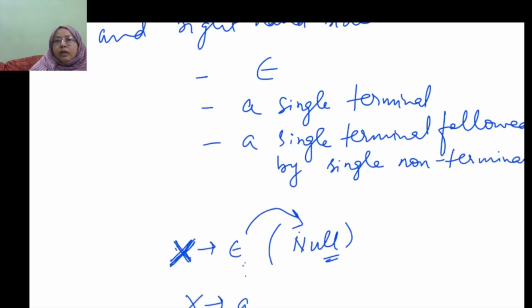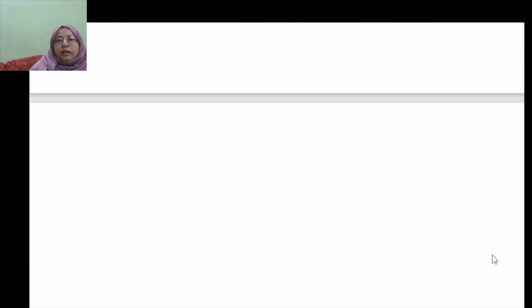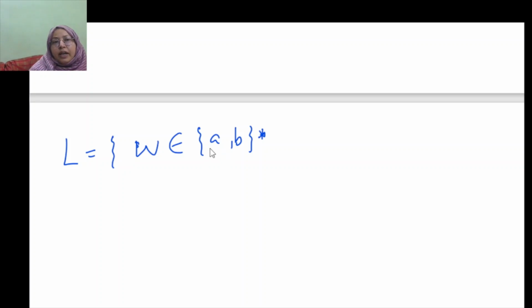Okay, so now let us take one example. Suppose there is a language given which consists of the strings or words from alphabet a and b star, meaning words made up of a and b, and the word length is even or the word length is odd. Suppose it is given that the word length is even. What does this mean? It means that it can take the words made of a and b and its length is even. Its length can be 0, 2, 4, 6, and so on.